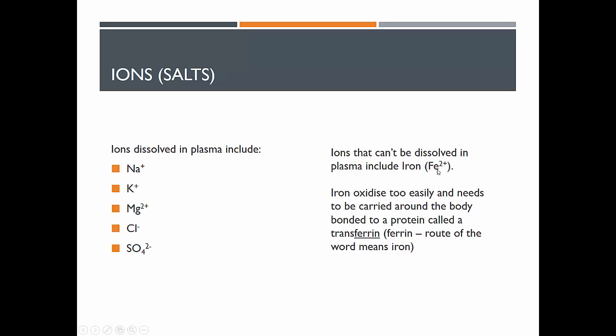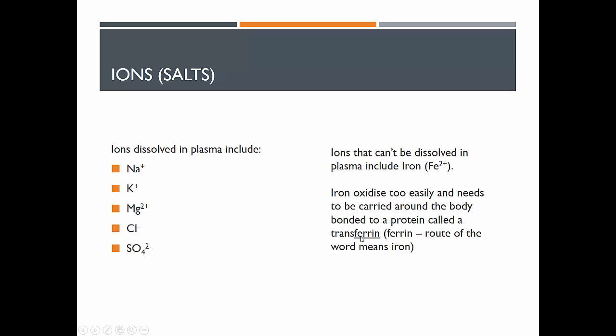But then sometimes you get ions that can't be dissolved, like iron. Iron oxidizes too easily, and we don't like that chemical reaction in the body too much. So it bonds with a protein called transferrin.